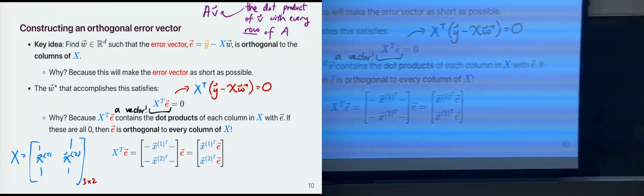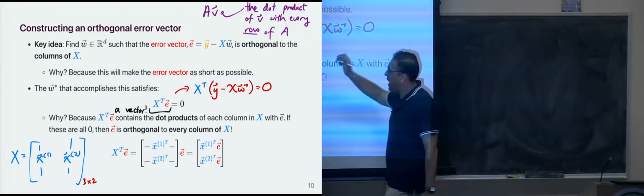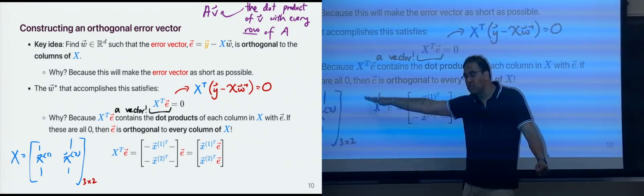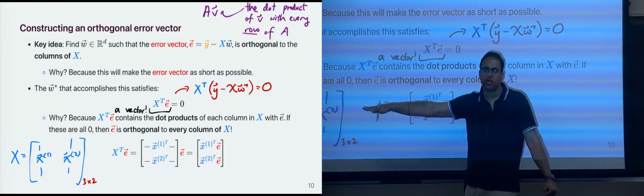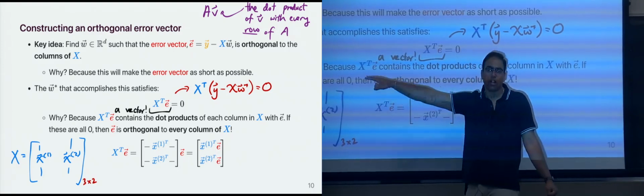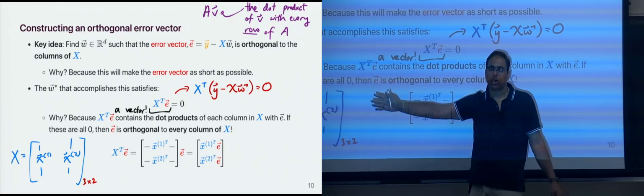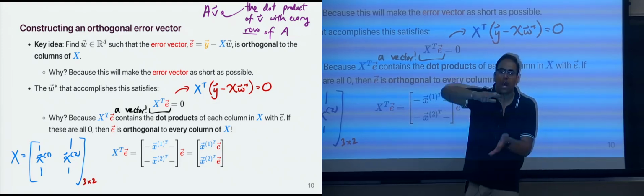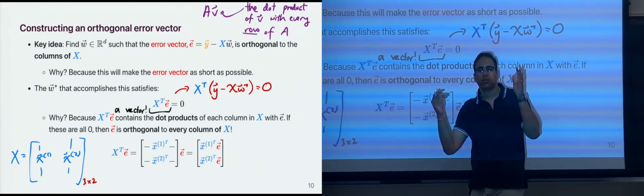Okay? But I don't want the dot product of X's rows with E to be 0. I want the dot product of X's columns with E to be 0. So how do I change rows to columns? I transpose.